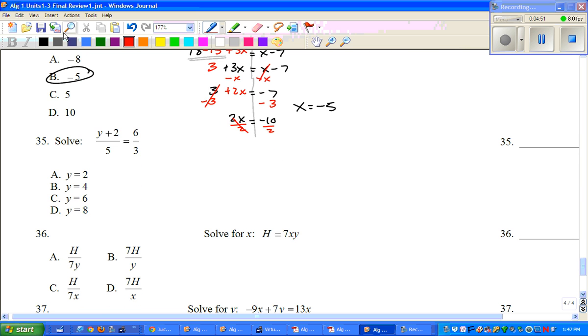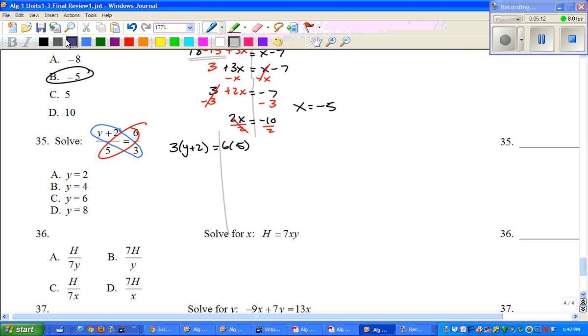All right, number 35. 35 is talking about proportions, which we've already discussed. To solve those, we have to cross multiply. So you're really multiplying 3 times y plus 2 equals 6 times 5.